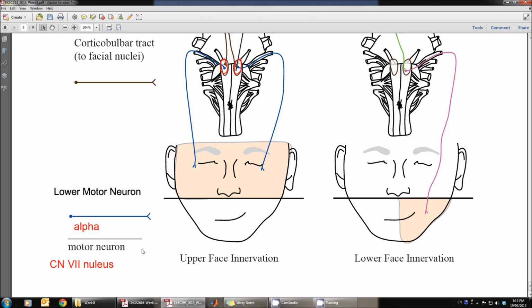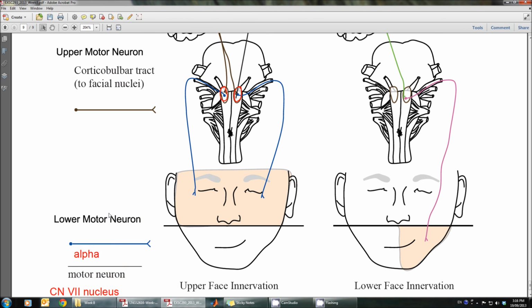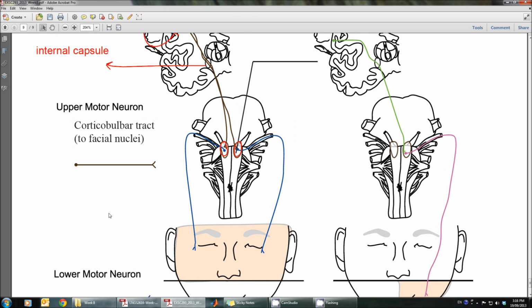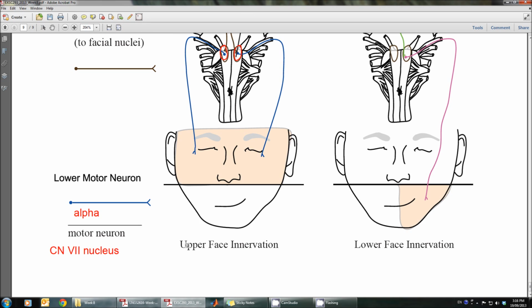They will find the soma. Sorry for the typo. Nucleus. So because it's bilateral, one part will innervate both parts of the cranial nerve 7 nucleus.